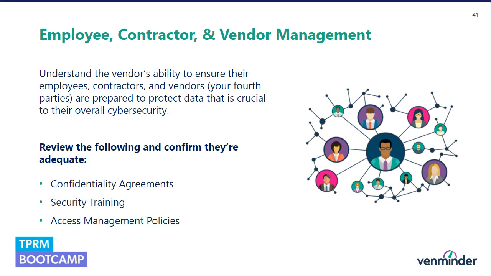Training of these groups, as well as documented and enforced access management, are critical to data protection. Confidentiality agreements, security training, management of vendors, and access management are just some of the ways that third parties can offer an assurance that anyone with access to your data is properly trained.